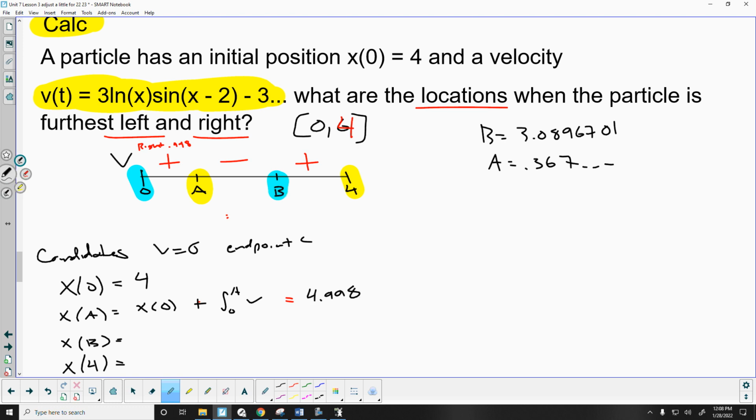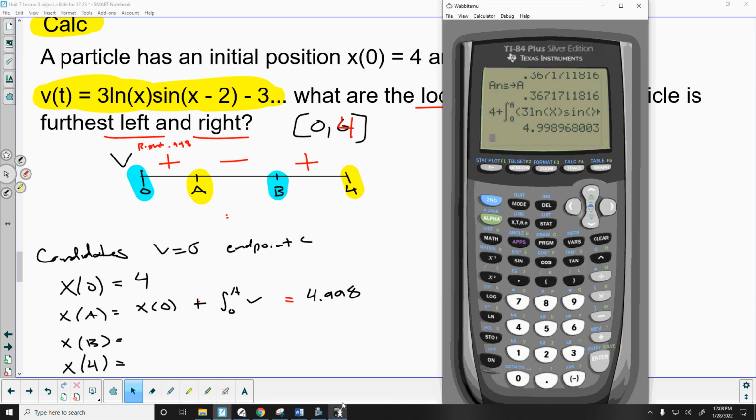Let's find our position at time B. Well, you can calculate the area from A to B. Go second, calc 7. Let's go from A to B. Now you can visually see this. Look at this area and compare it to this one.